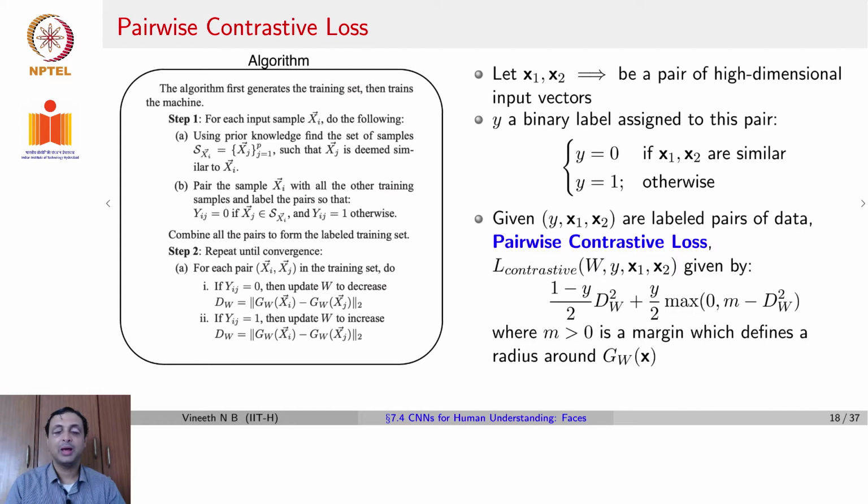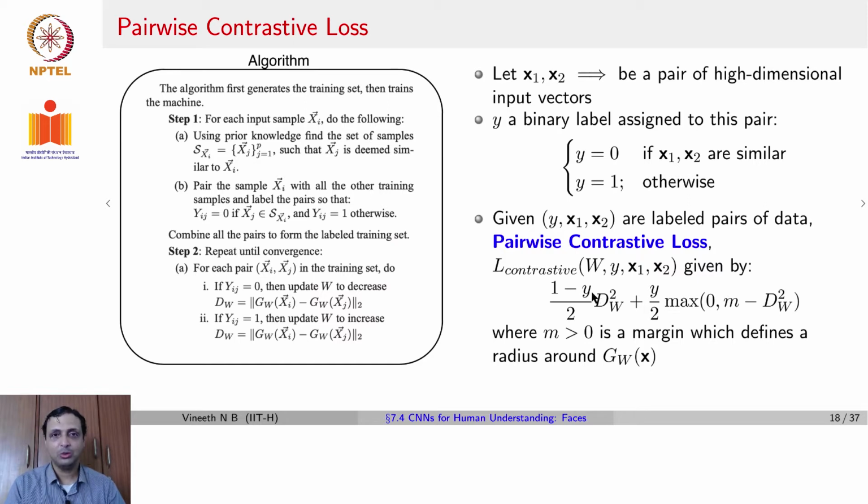Then the pairwise contrastive loss L contrastive is given by (1 minus y)/2 times dw square plus y/2 times max of 0 comma m minus dw square. The first term, as you can see, gets activated only when y is equal to 0, and the second term gets activated only when y is equal to 1.